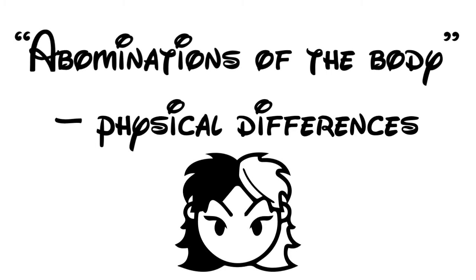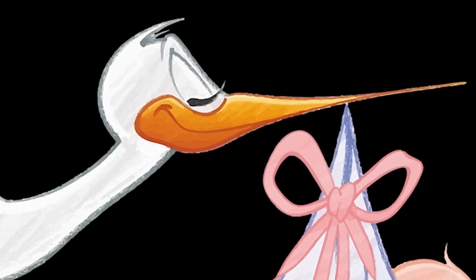These are physical differences that are seen as deviant from some idealized, quote unquote, normal. And we'll use Dumbo for this example, but if we wanted to focus on abominations of the body, we could have used Hunchback of Notre Dame, we could have used Nemo from Finding Nemo, or even the Beast from Beauty and the Beast. But we're using Dumbo.